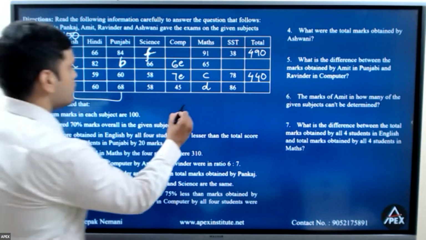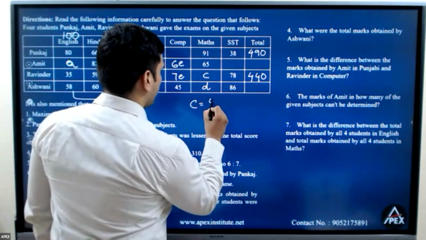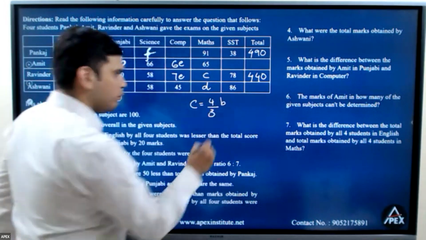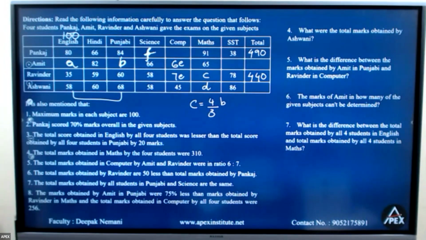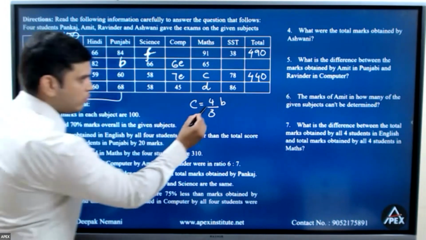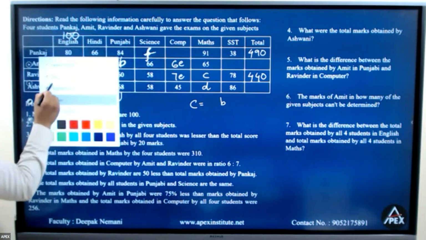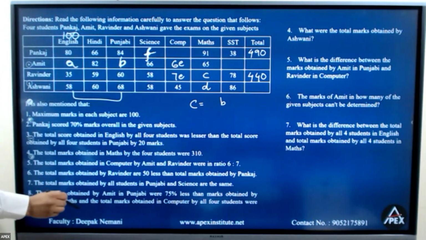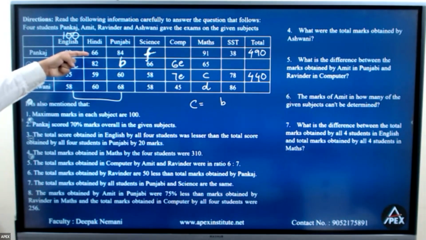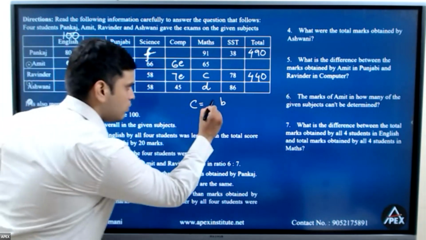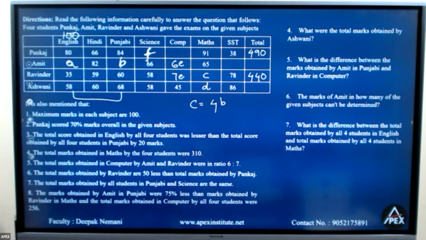So C is equal to 4 by 3B. Less than, right? Okay, my bad. The marks obtained by Amit in Punjabi were 75% less, so C is equal to 4B. And the total marks obtained in computer by all the 4 students together is 256.